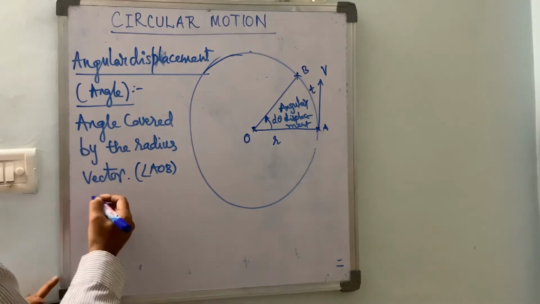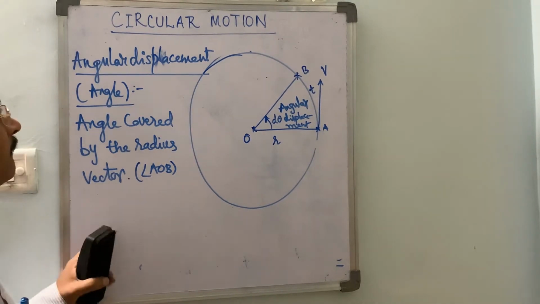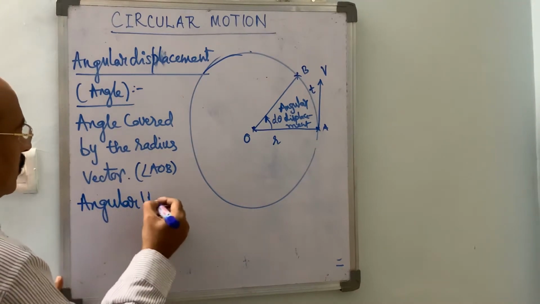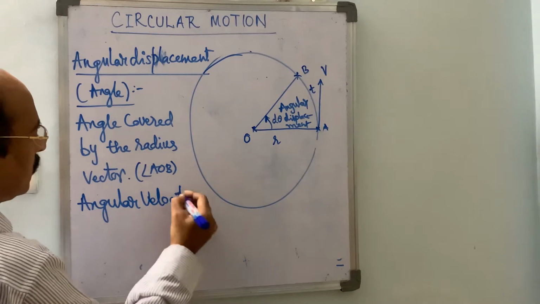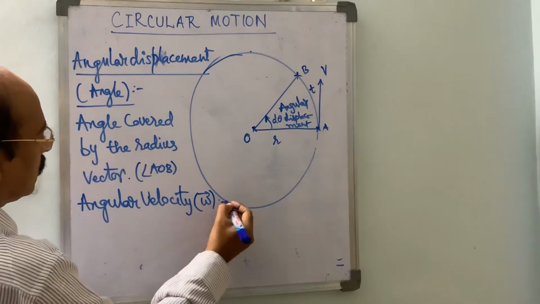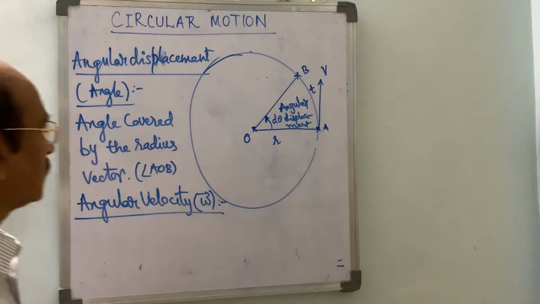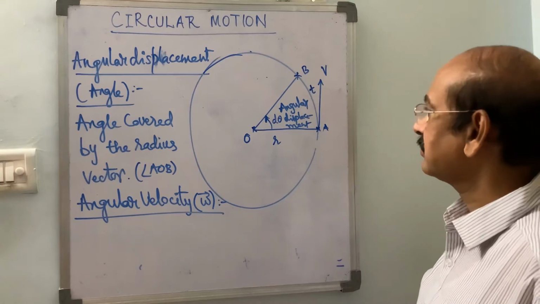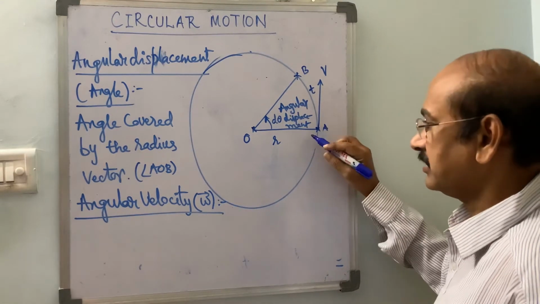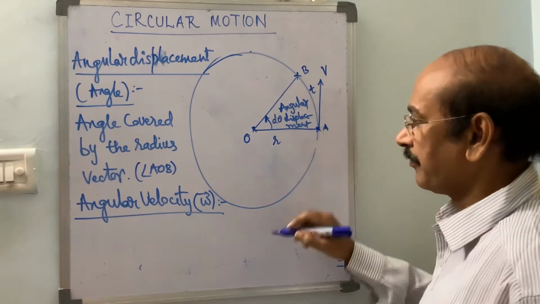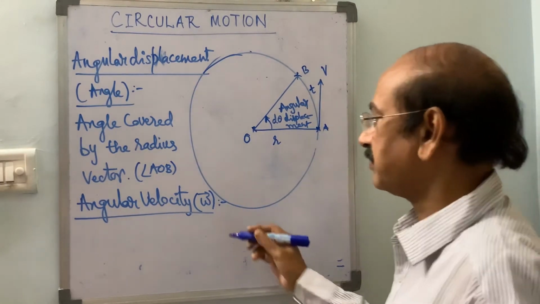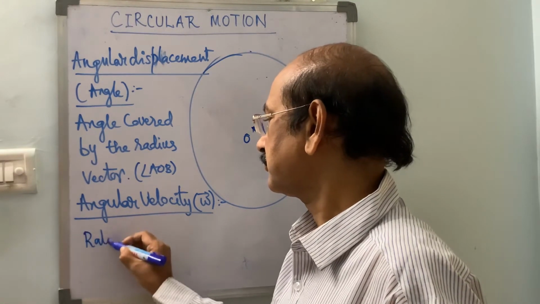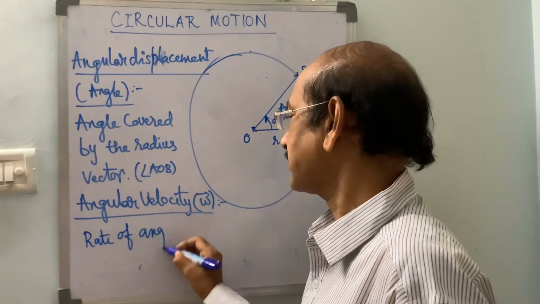And let us know what is meant by angular velocity. It is also a vector quantity. It has direction along the tangent. Therefore, the rate of angular displacement is known as angular velocity.